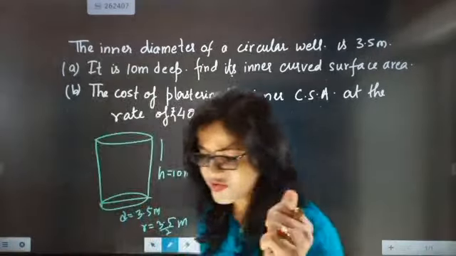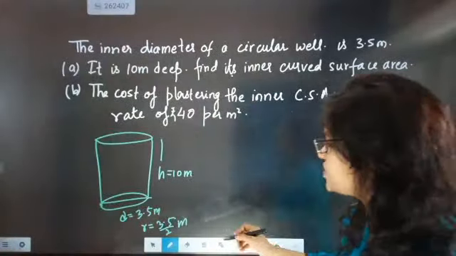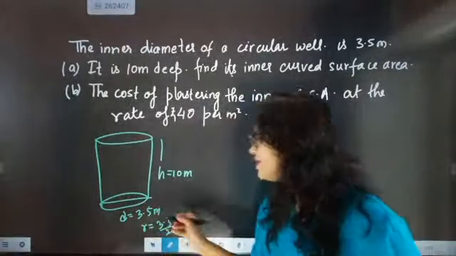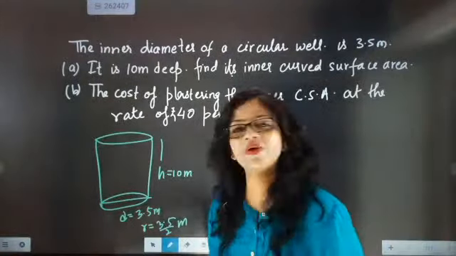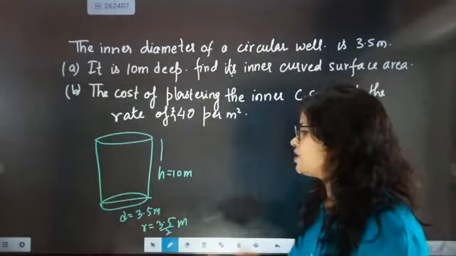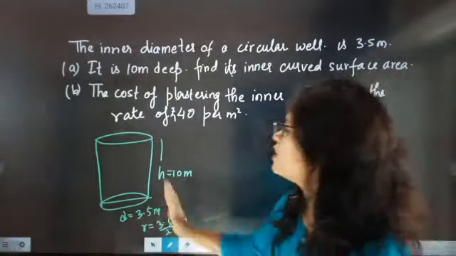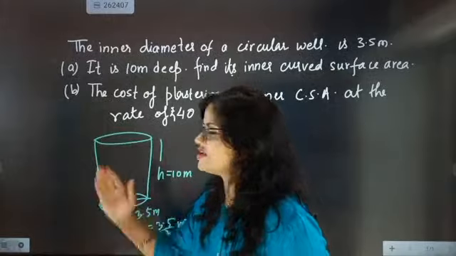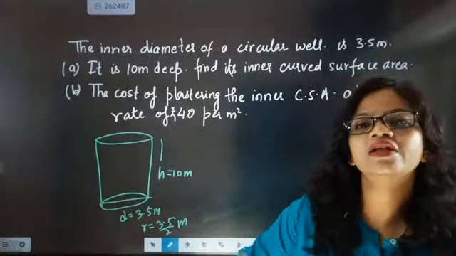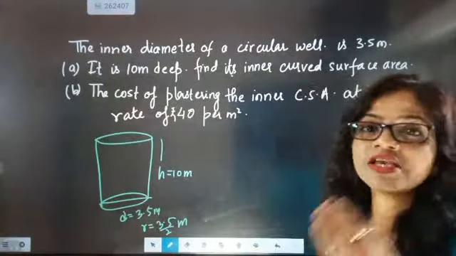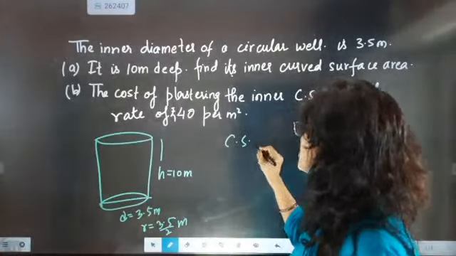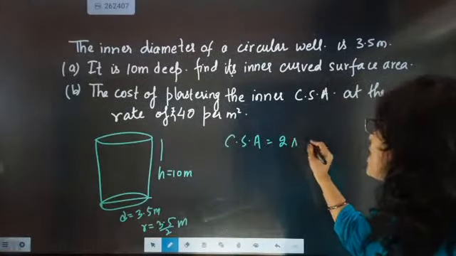Absolutely correct. Everyone after solving start answering the question. So depth is 10, diameter is 3.5, radius is 3.5 by 2 meter. Now they are asking to find the CSA of the inner region. What is the formula for CSA? The curved surface area of a cylinder is 2 pi rh.